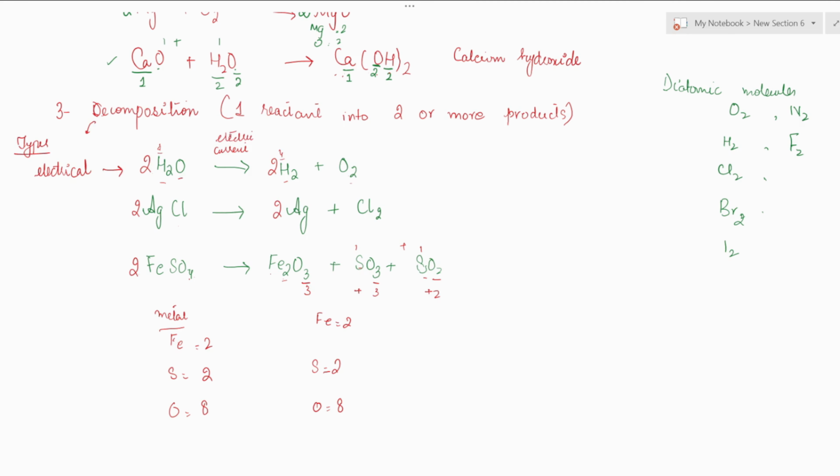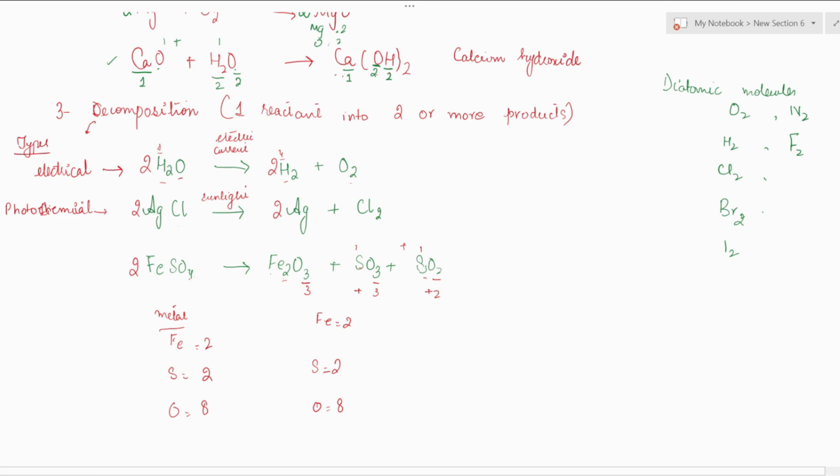Second thing, silver chloride. The easiest way to separate the halogen is the sunlight. So this one is the photochemical decomposition. What is the meaning of photo?